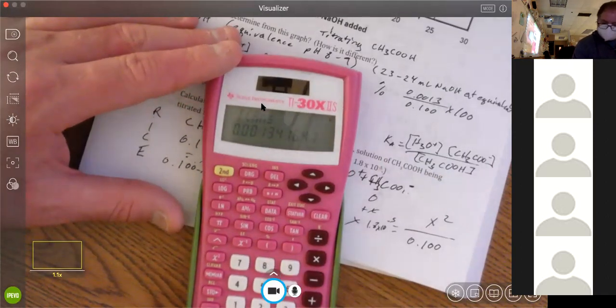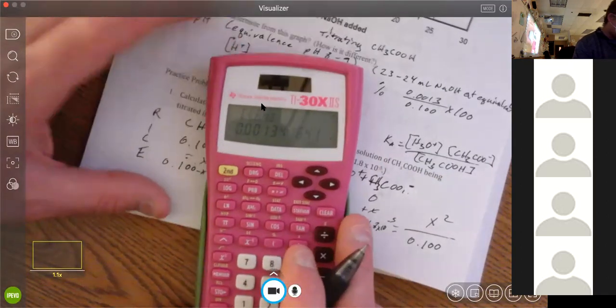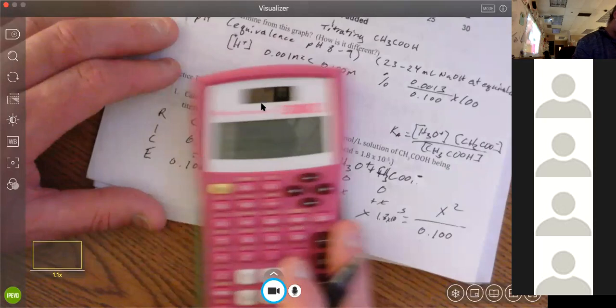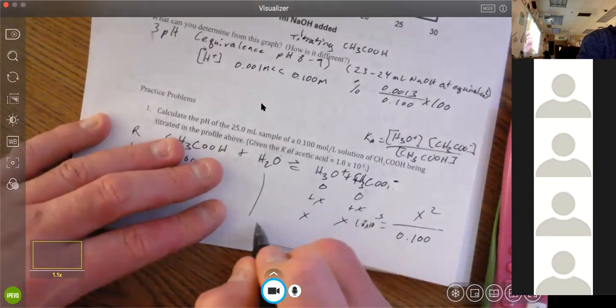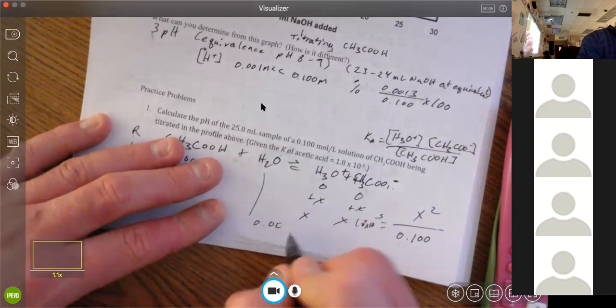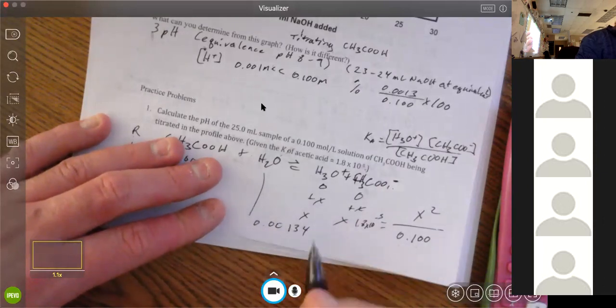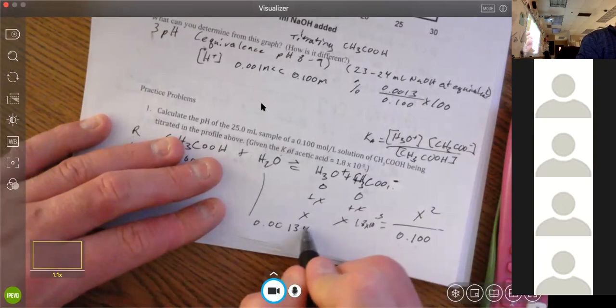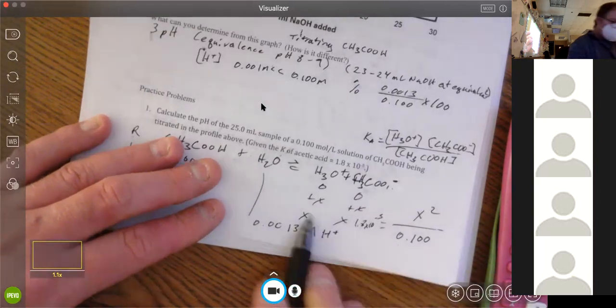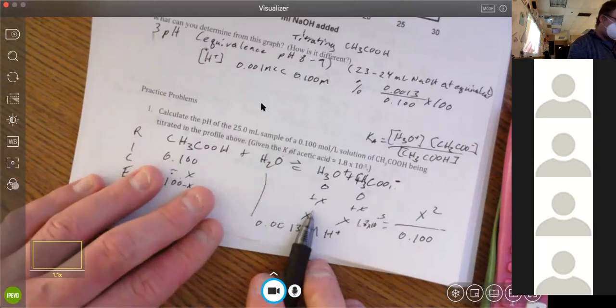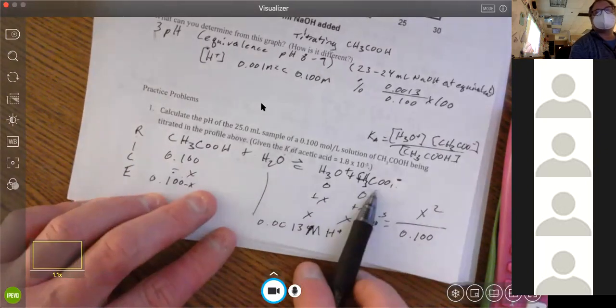And we get 0.00134. Actually, 0.0013 would be good enough because we only have 2 significant digits there. That is the molar concentration of H plus. It's also the amount of the conjugate base we have here.